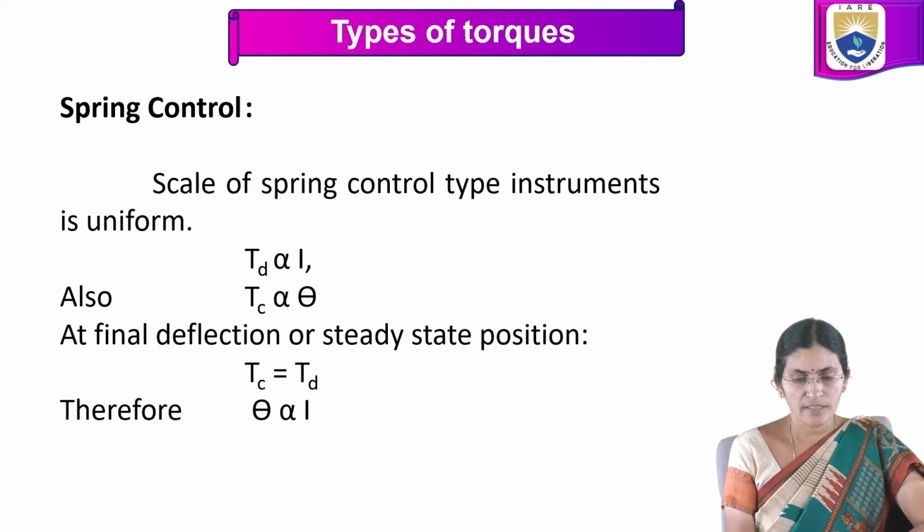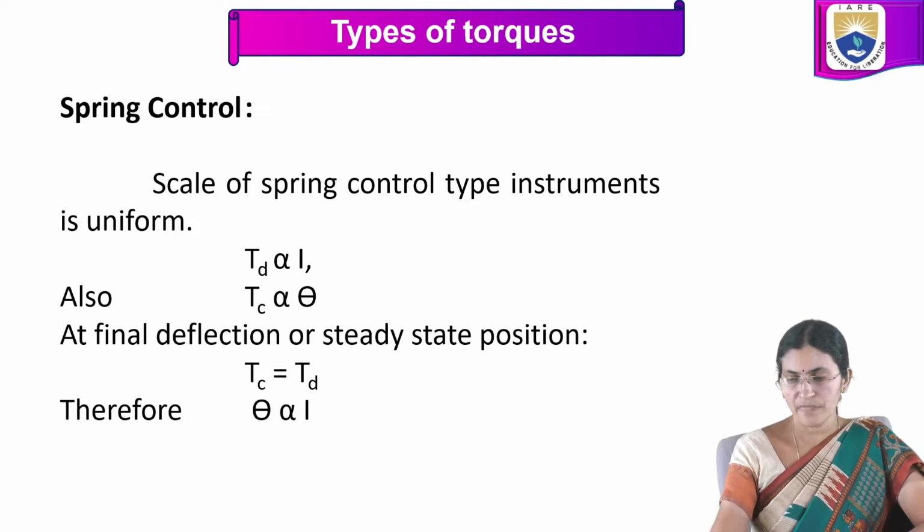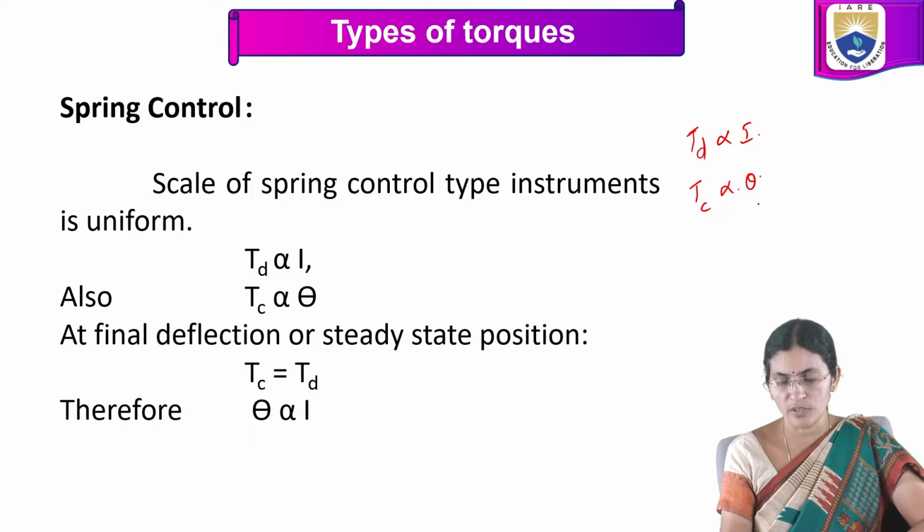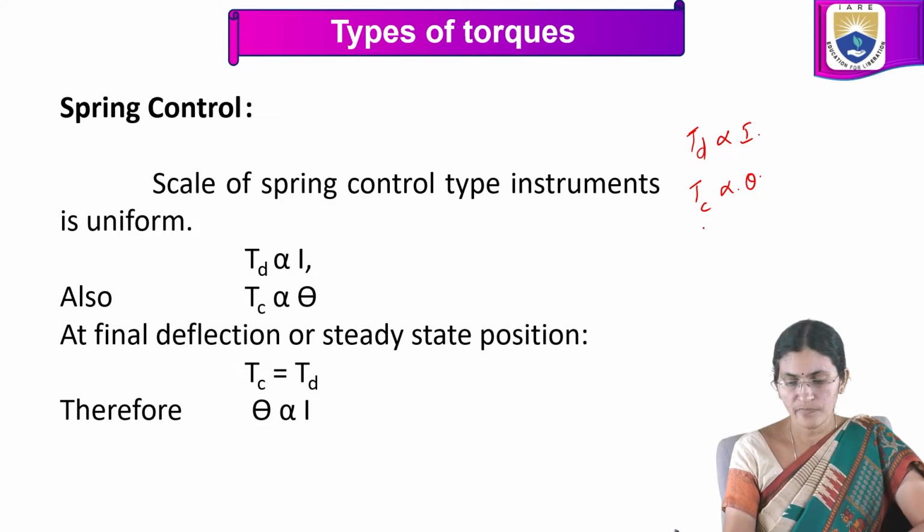Now, regarding the scale of spring control instruments, here the scale for PMMC instruments, we can see that deflecting torque, which we represent by T suffix small d, is proportional to the current which is supplied to the instrument. Then for spring control instruments, we have seen that the controlling torque Tc is proportional to theta.